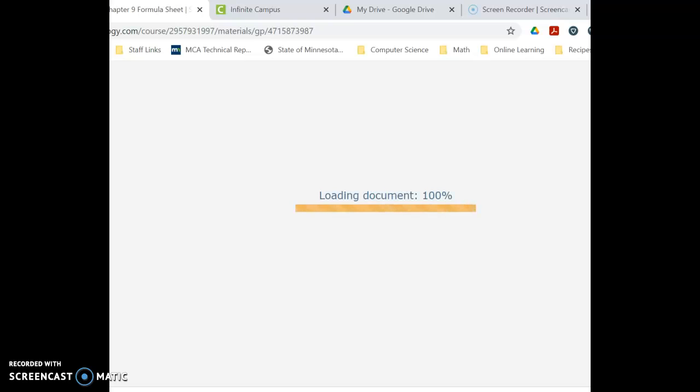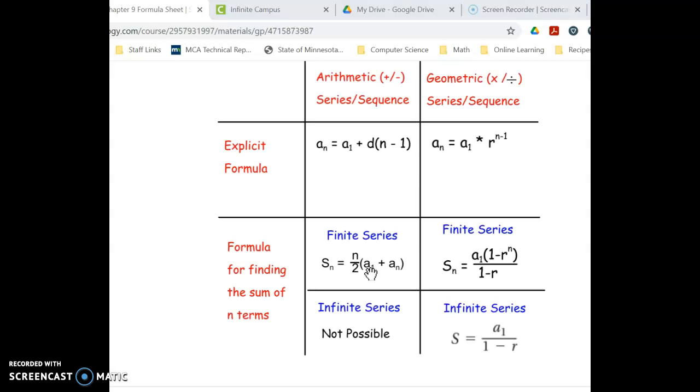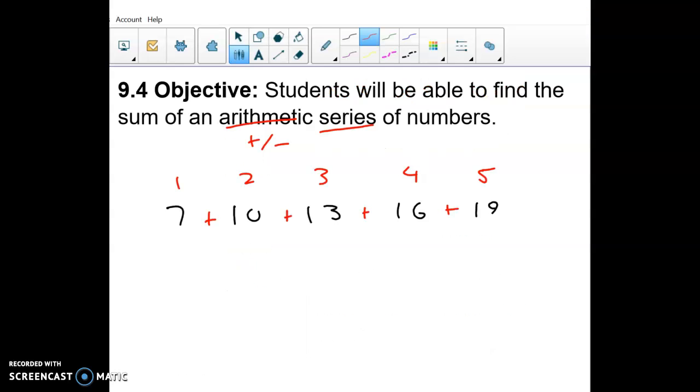If you look at the formula sheet, we'll use the explicit formula for arithmetic sequence, and then we're going to be finding the sum of a finite series. This is going to be the formula for today's class. So make sure you have a calculator out, and again, if you want to reference this formula sheet during the lesson, might be a good thing.